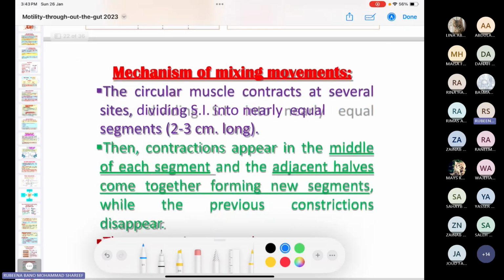Now, the mechanism of mixing movements. As I told you, there are circular muscles and longitudinal muscles. The circular muscle contracts at several sites of the small intestine and divides it into equal segments, around 2 to 3 segments long.